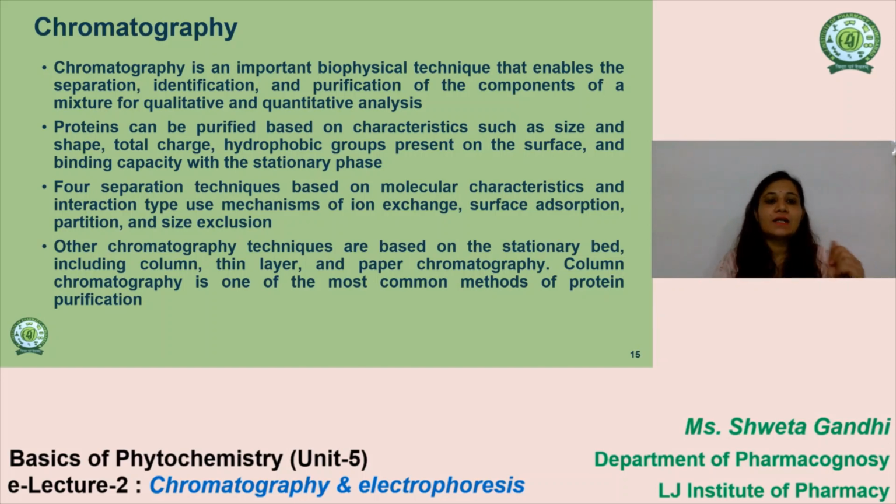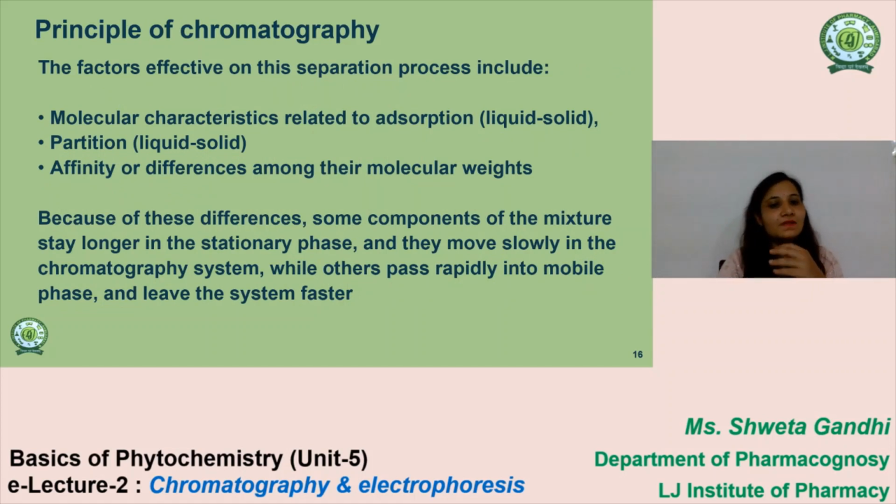Proteins are separated with the help of chromatographic techniques. The main separation techniques are based on molecular characteristics, type of interaction, and the mechanism of ion exchange, surface adsorption, partition and size exclusion. These are the four important things. Other chromatographic techniques used have two important points: the stationary phase and the mobile phase. What is the principle? I have already explained molecular characteristics, liquid solid.